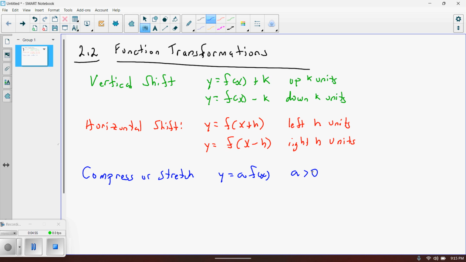So it would hopefully make sense that if I wanted to stretch something vertically, a would have to be positive. I'm sorry, that's incorrect. A actually has to be bigger than 1 to stretch something vertically.